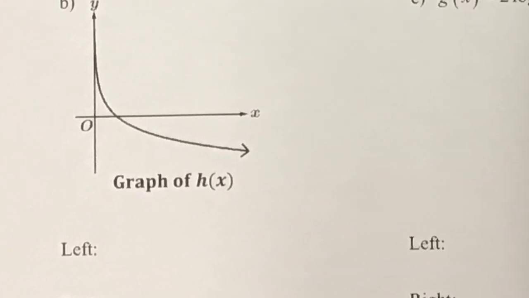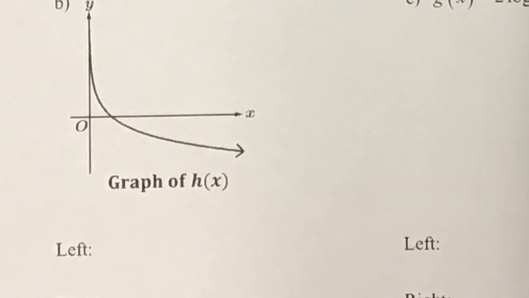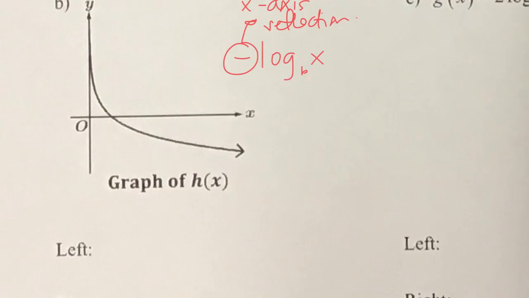So let's look at our next graph. We're going to learn that this is a negative log graph. This negative here is an x-axis reflection. Where our positive log graph looks like this, the negative log graph is a reflection over the x-axis.